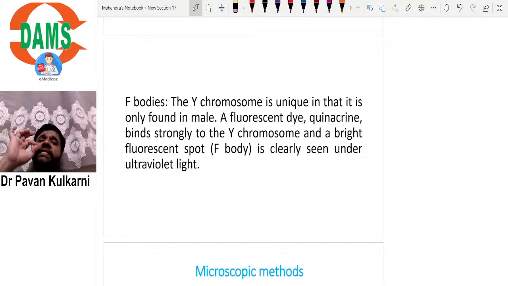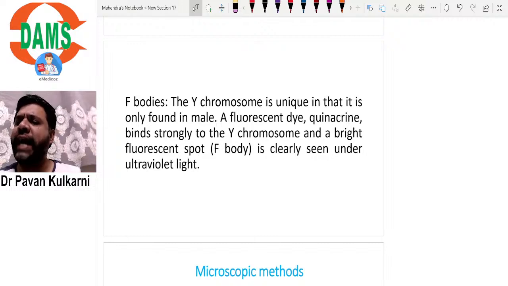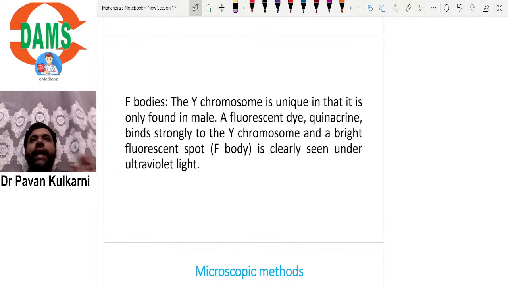The F body can be seen by a fluorescent dye. What is that fluorescent dye called? It is known as quinacrine. Quinacrine is a fluorescent dye which binds strongly to the Y chromosome, and because of this, the F body can be easily seen under UV light.